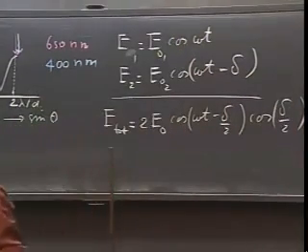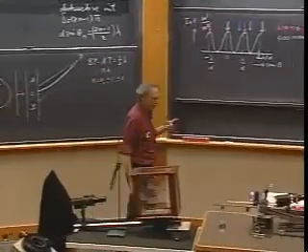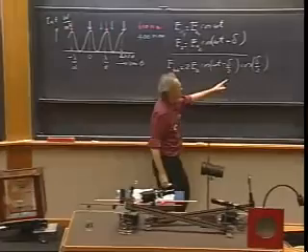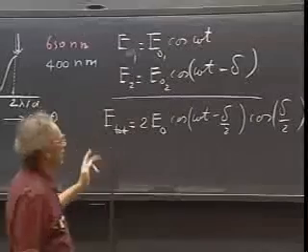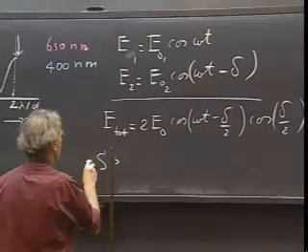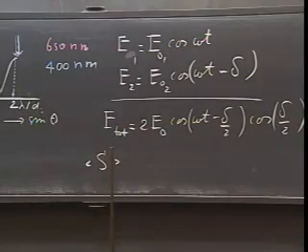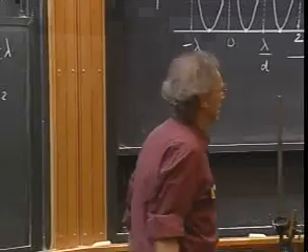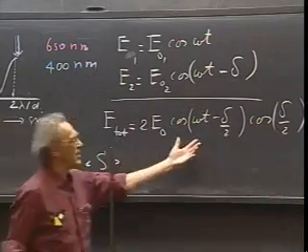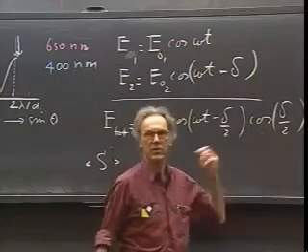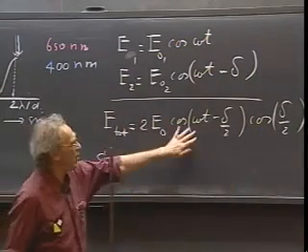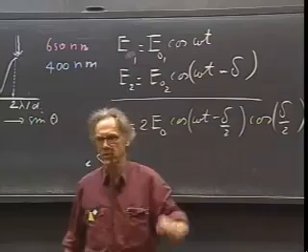And now you see why the light intensity is proportional to cosine square delta over 2. Because when you calculate the mean value of the Poynting vector, you have to take E cross B. And so B also has this term, and so you get the square of this term.